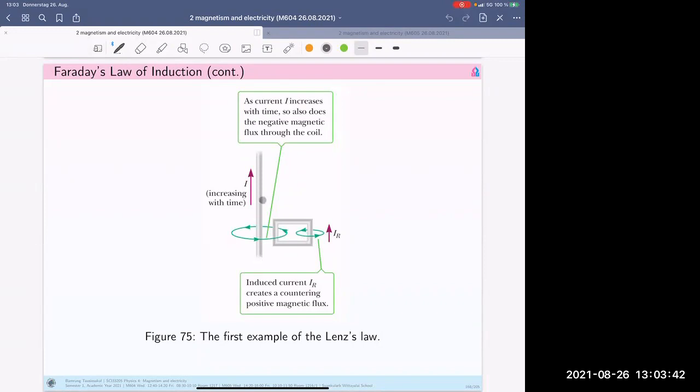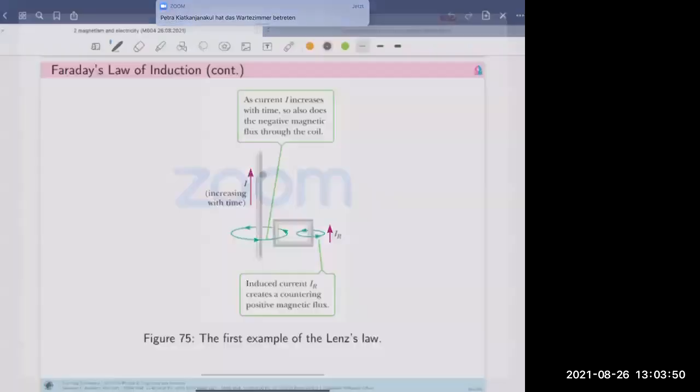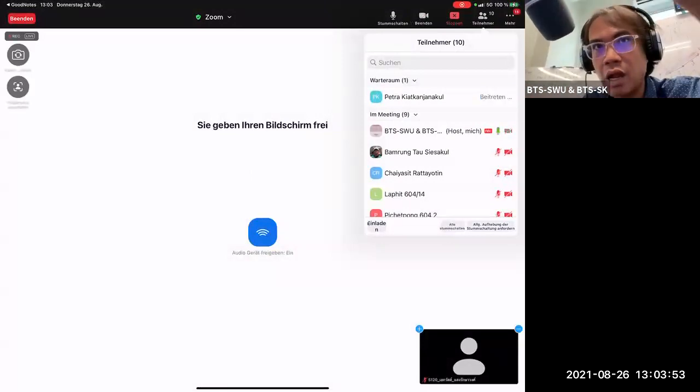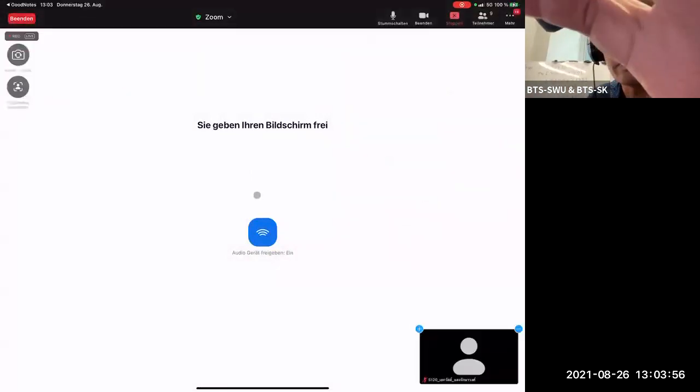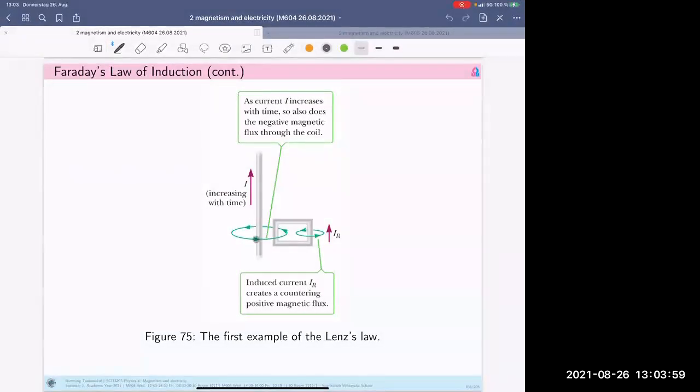Before that, if we don't let the current flow, there will be no magnetic field, the green one here. But when we let the current flow upwards, according to this figure, we get the magnetic field lines like this, and this is the conductor, another conductor, which has a closed loop.